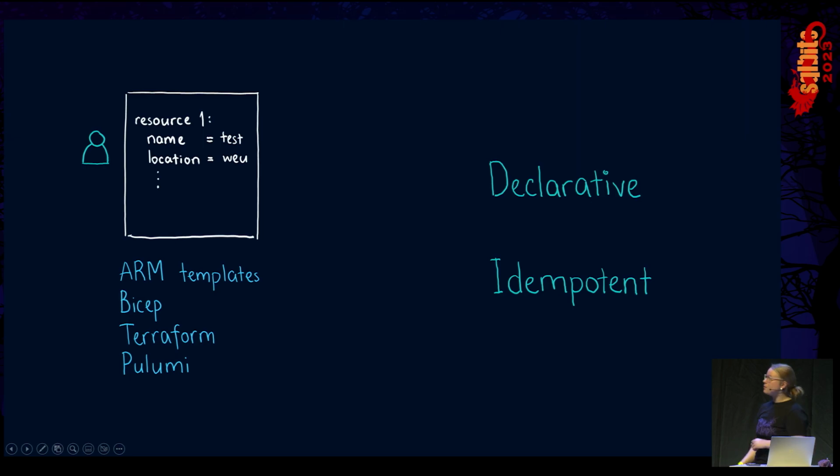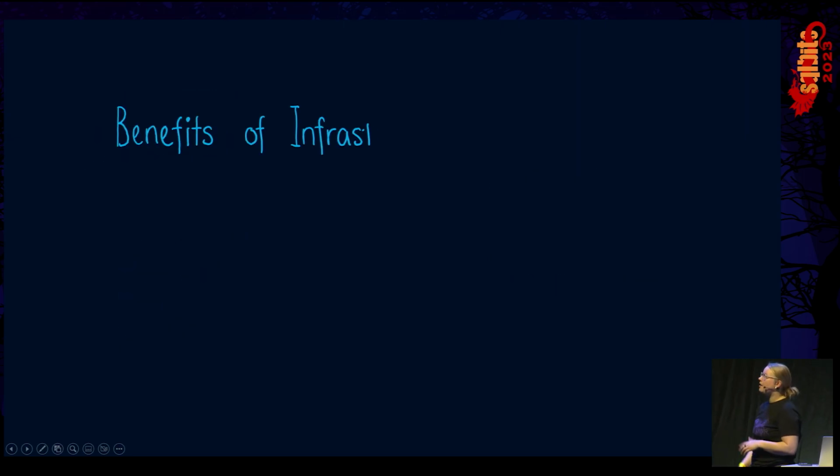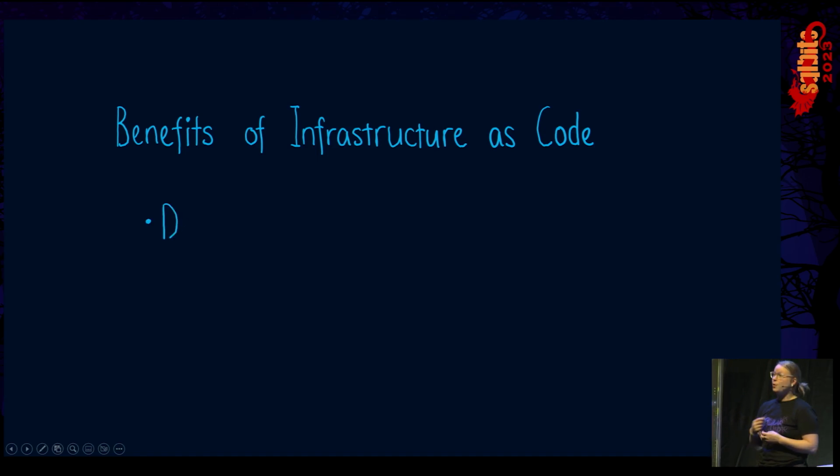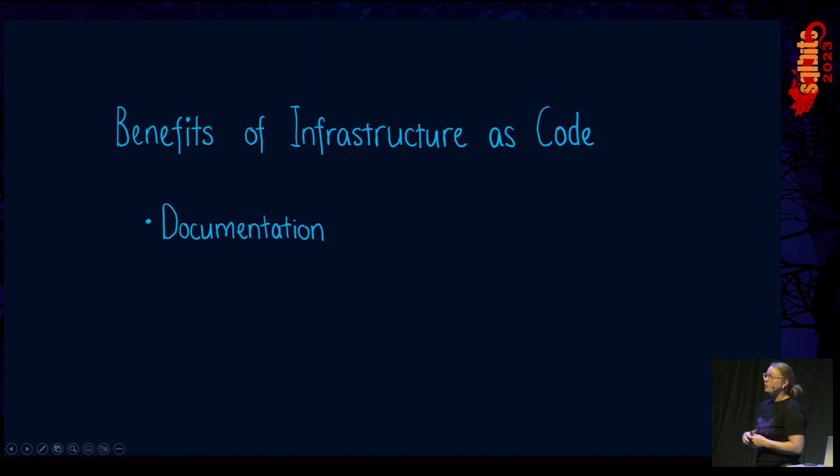If we think about infrastructure as code, there are actually quite many benefits, and these are just the ones that are the most important to me from the projects that I've done. The first thing is that, well, actually we get quite a bit of documentation when we use infrastructure as code. We don't have to go pulling some configuration values out of the Azure portal and store them somewhere to know how our resources are configured.